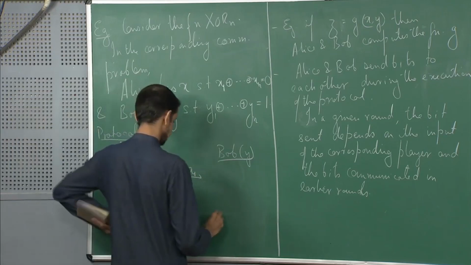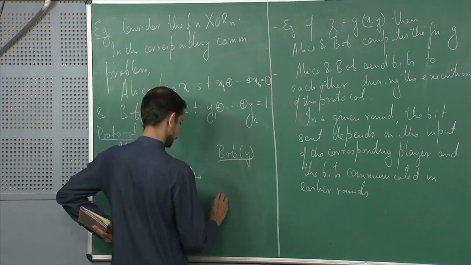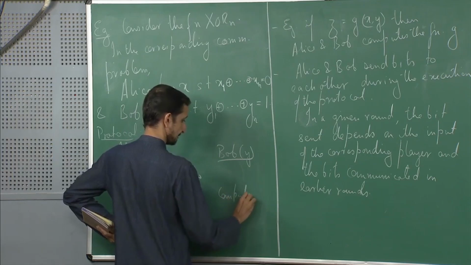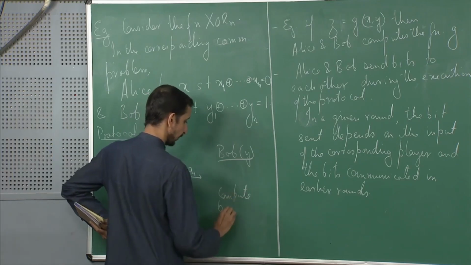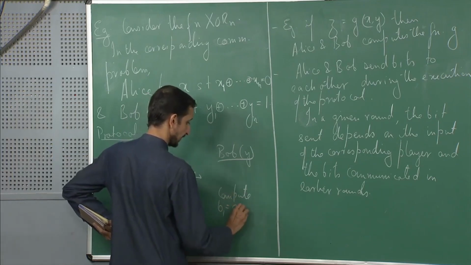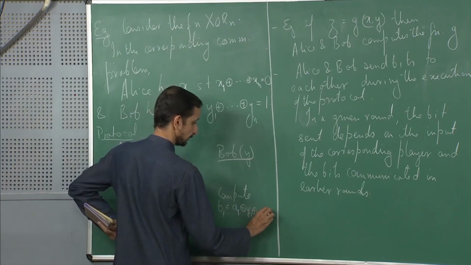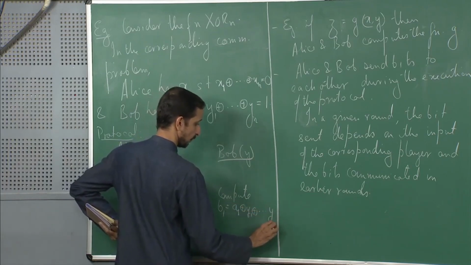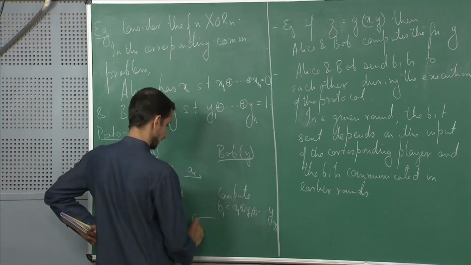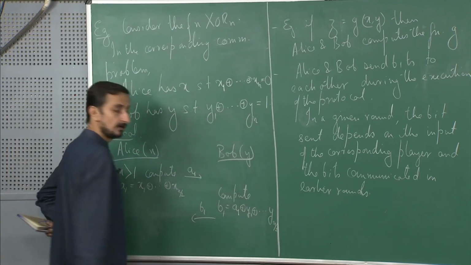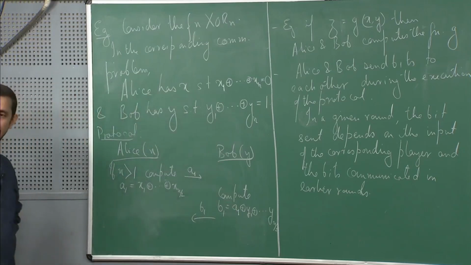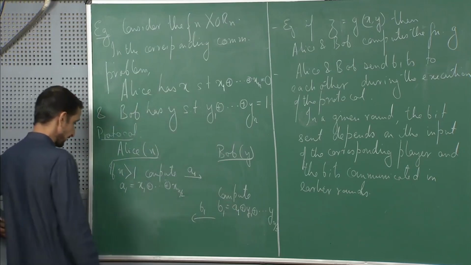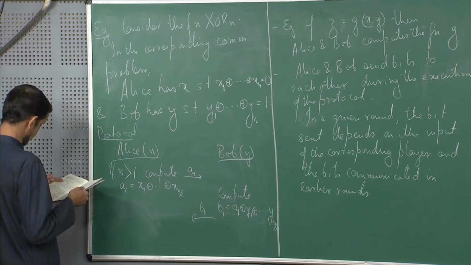Now what Bob does is, Bob computes B1, which is equal to A1 parity y1 up to y_{n/2}, and sends B1 to Alice. Okay. Now, what is the condition?